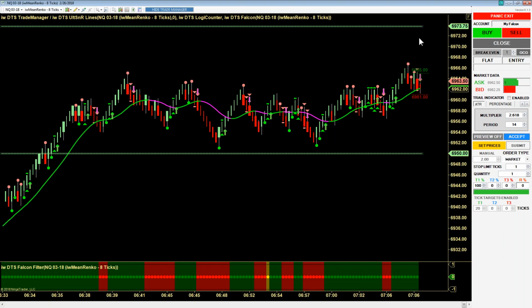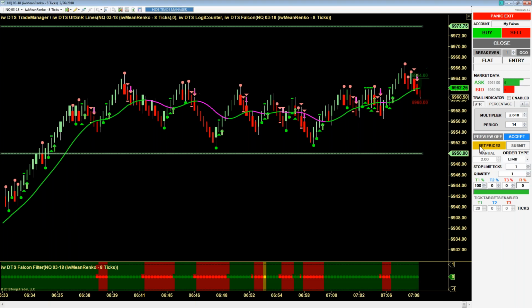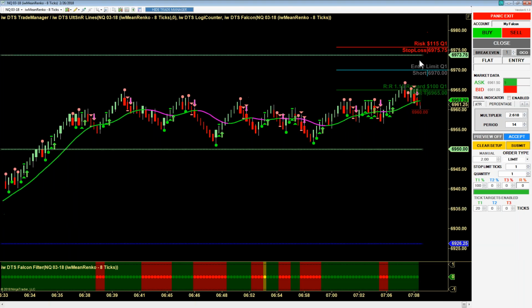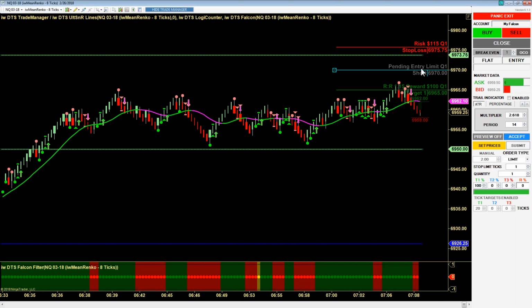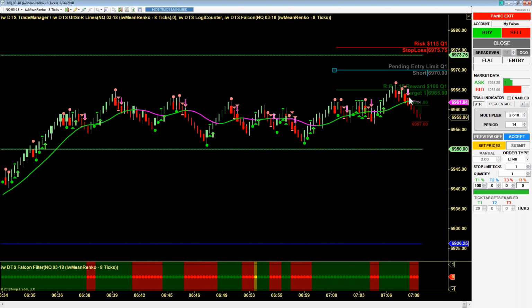Now, in order to prevent that from happening, I need to select a limit order. So now I can sell 69.70, set up the trade essentially the same way, hit my submit button, and what happens? The order does not automatically go screaming down here, because this is the limit.